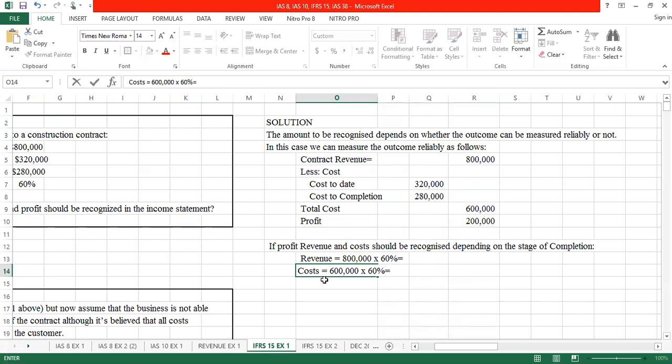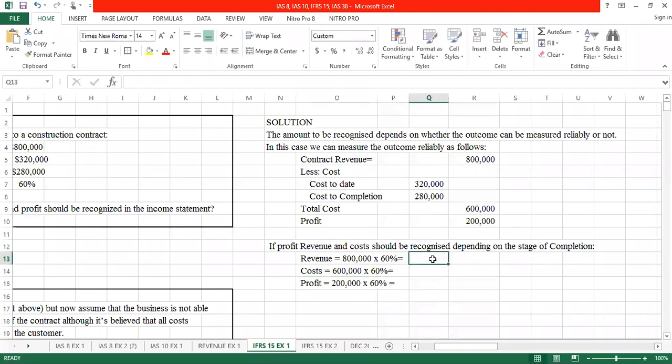You also get your answer. And profit, you can also get directly: 200,000 times 60%. The main problem in exams is how to get the 60%. We will do it in another question.